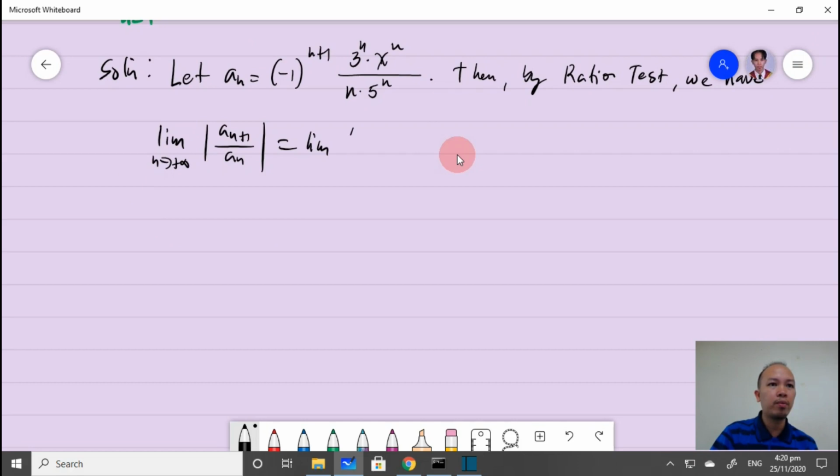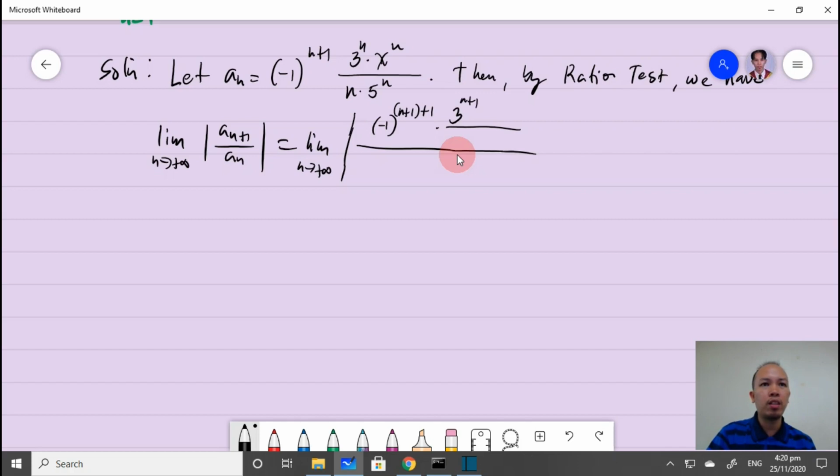Okay, substitute. So for our numerator, we have replaced n here by n plus 1. So we have negative 1 to the n plus 1 plus 1, and then we will have 3 to the n plus 1 times x to the n plus 1 over n plus 1 times 5 to the n plus 1.